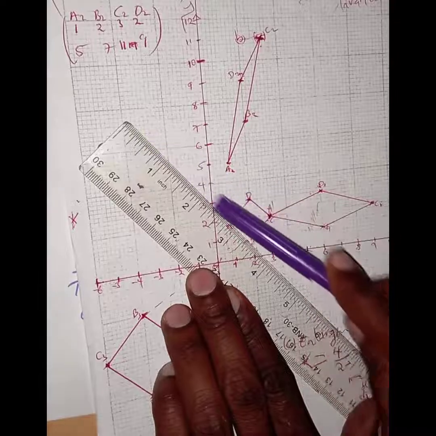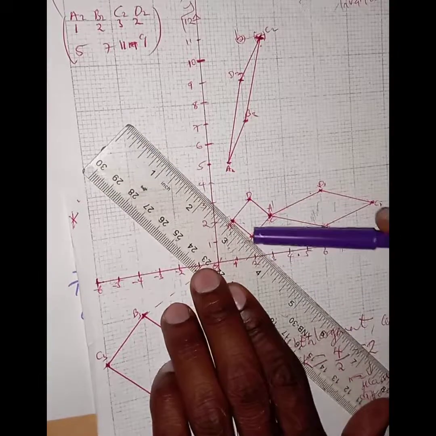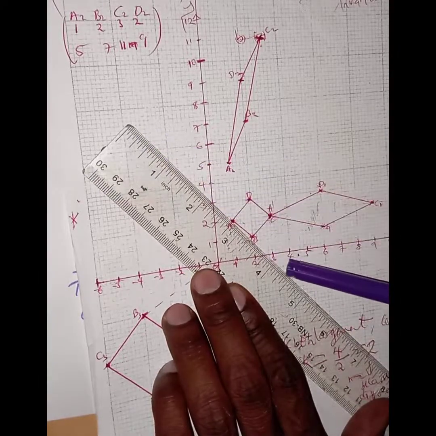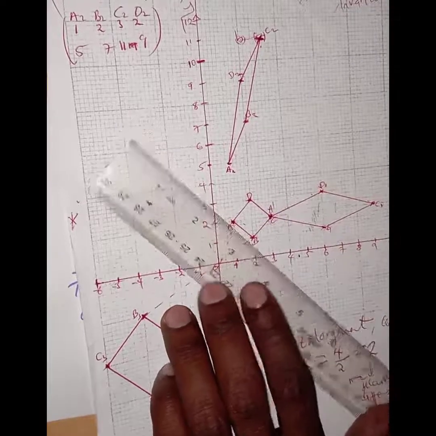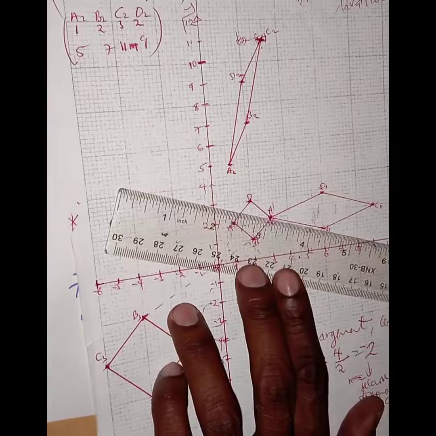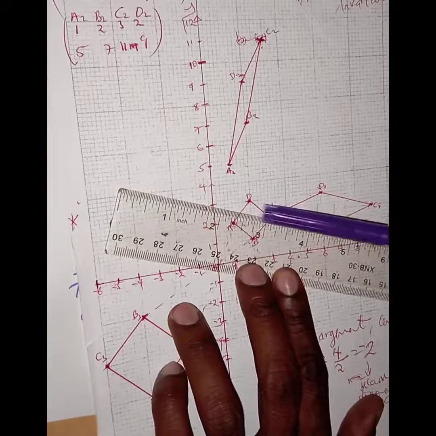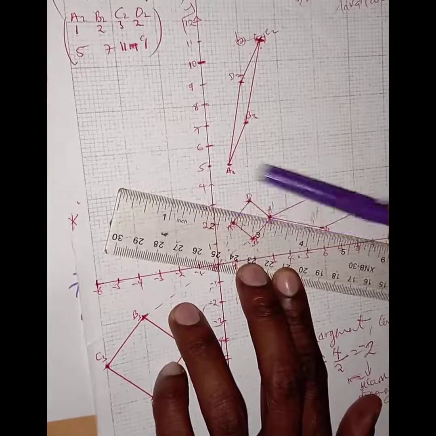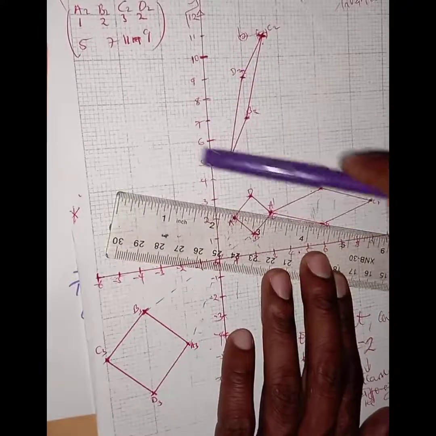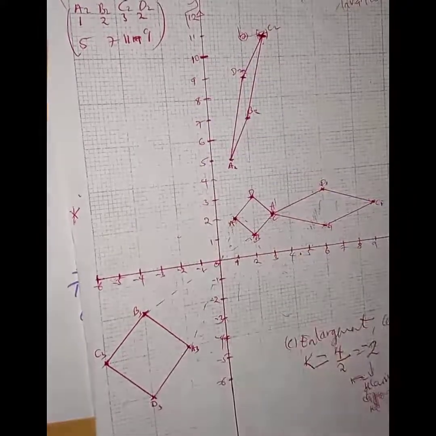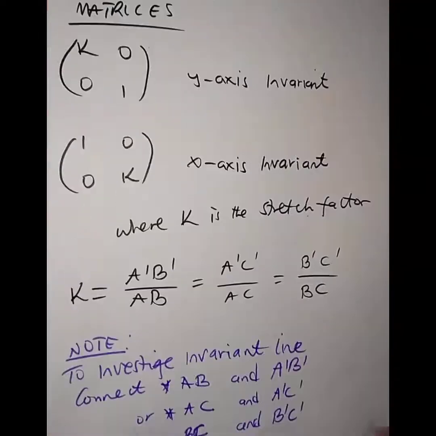Can go like that. You also connect the A image and B image. Look at this. Indeed, they will meet somewhere on the y-axis. So this one shows you that y-axis was your invariant line. This is how you are able to tackle this.